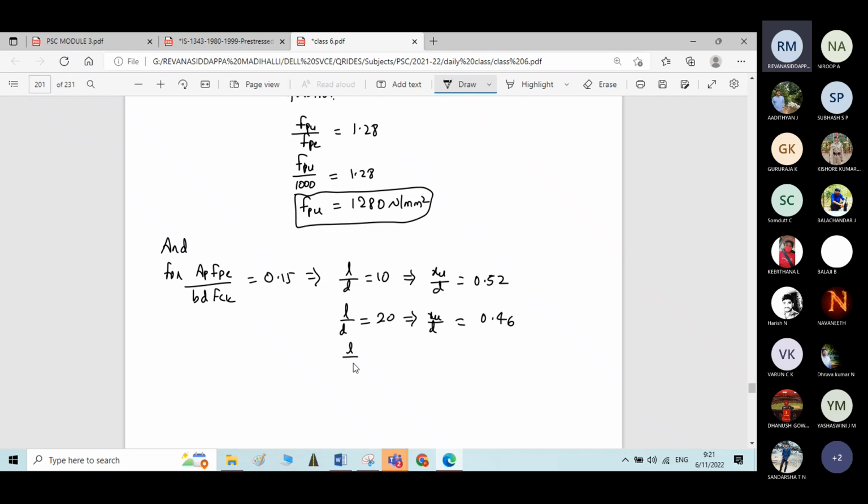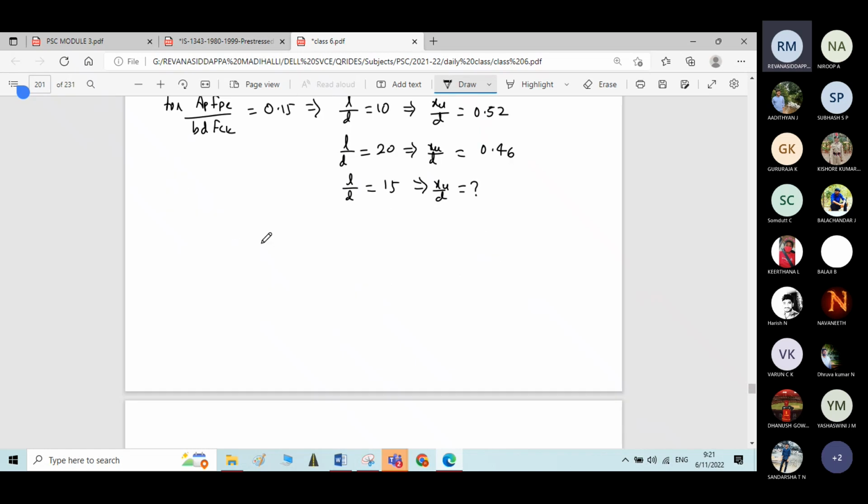But we want the value for L by D equal to 15. Now do the interpolation or take the average.